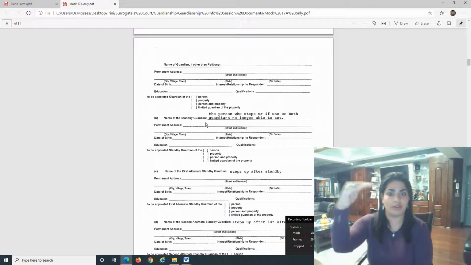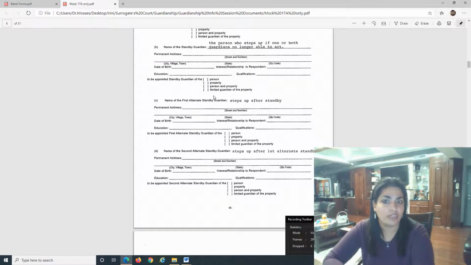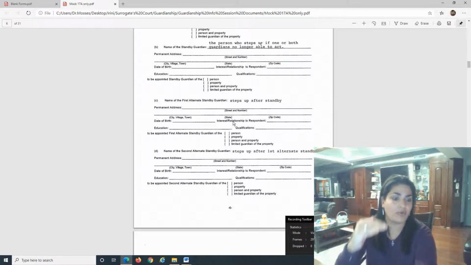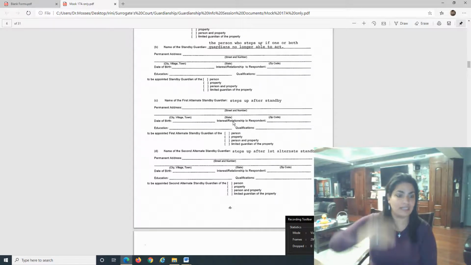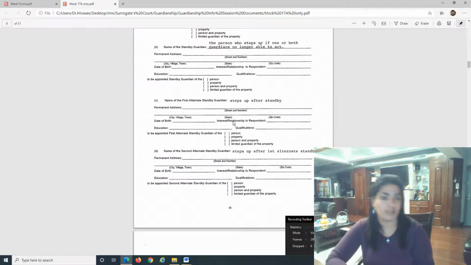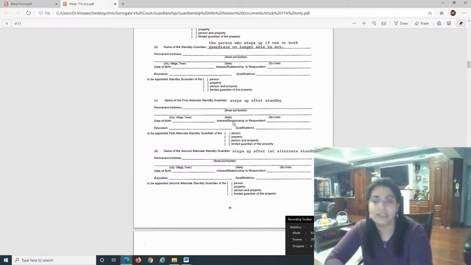So you have the guardians, then you have the standby guardian, then you have the first alternate standby guardian, and then the second alternate standby guardian. So again, it's a pecking order. You have your guardians first, then your standby, then your first alternate, and then your second alternate. The second alternate only steps up if there's nobody else that's able to serve prior to that. Okay, so it's a pecking order, just so you can have a lineup of who can step up if need be.